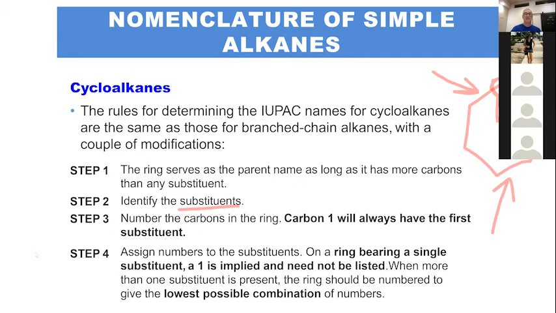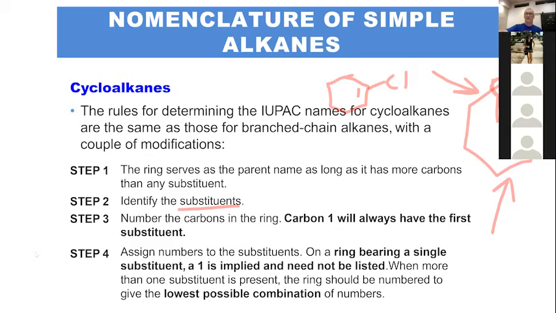And if it's a single substituent, you don't even bother saying 1. It's just assumed. So with a chlorine on a six-carbon ring, I would just call it chlorocyclohexane, because the assumption is it's bound at position 1, so you don't have to say it.